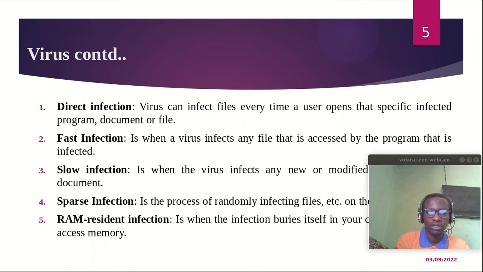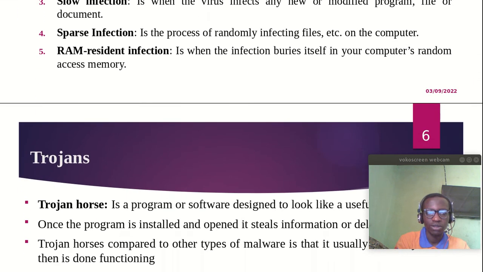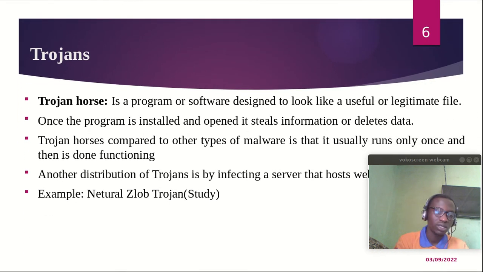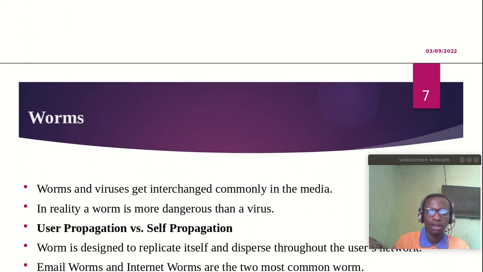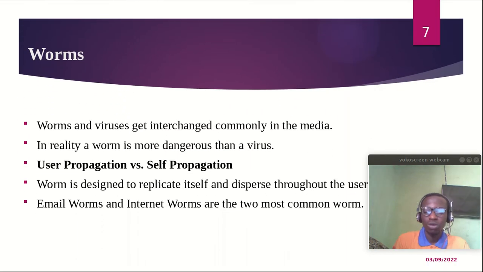We all talk about this direct infection of virus. We talk about Trojan, as you see. Then yeah, we are in worms. Worms is designed to replicate itself and diverse to the network. As you see, once worms infect your computer or your email, it goes to some kind of activities.